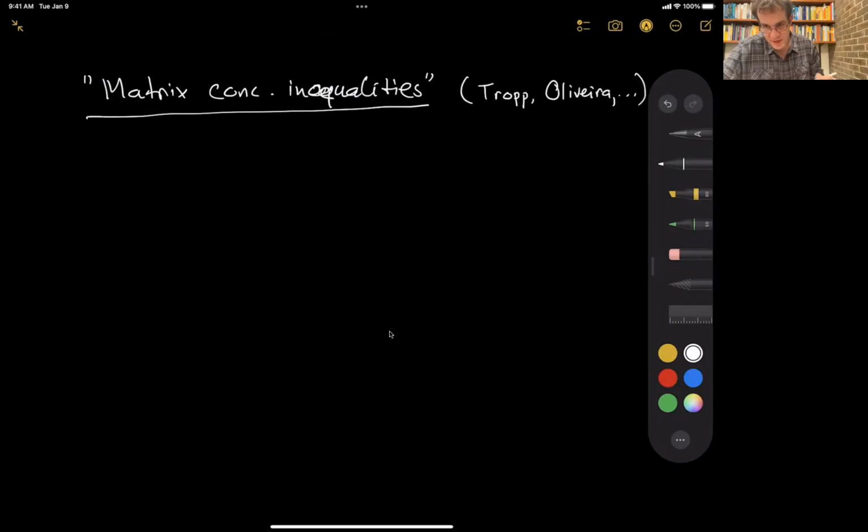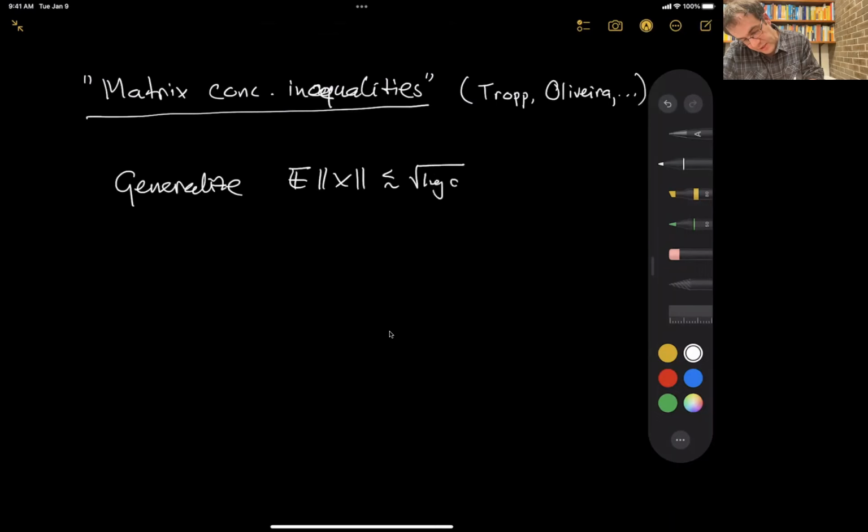And the idea behind these results is that the same phenomenon that goes into the non-commutative Khintchine inequality generalizes the inequality that the expected norm of X for a Gaussian random matrix is bounded by square root log d times this very natural quantity to a large class of non-Gaussian matrices.